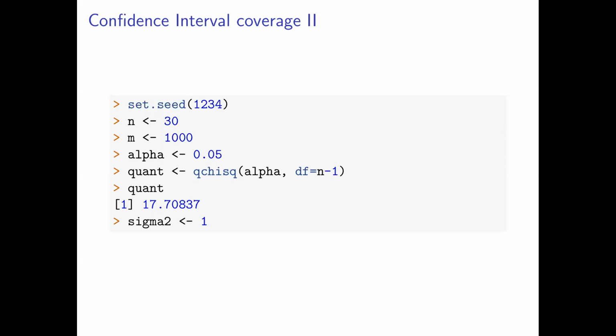And therefore, we try to estimate how different this actually is and take a look at 1,000 simulations. We want a value alpha specified as 5%, and we look at the chi-squared interval with n minus 1, 30 minus 1 degrees of freedom. 30 is always the rule of thumb for where things are still performing nicely.